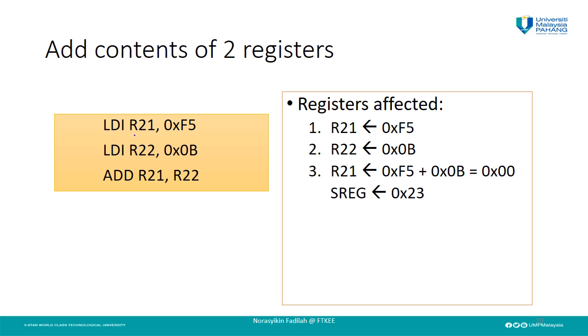So for the add operation, we need to have the values that we want to add loaded inside the registers first before the instruction can be executed. So let's say we want to add the values F5 with 0B. We can load the values first inside a register each.